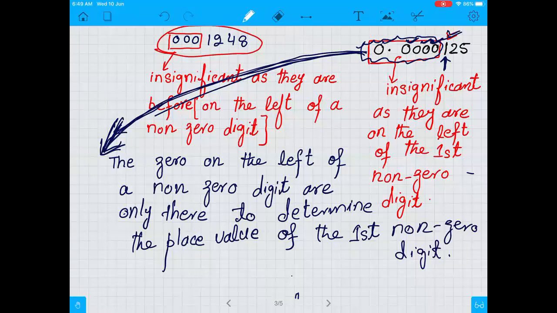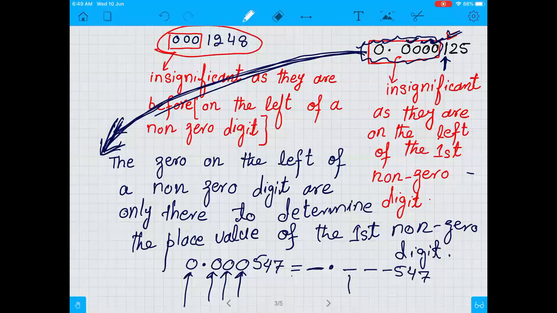For the sake of understanding, you must know that if you have a number 0.000547, then actually these zeros are not significant. Basically, you have to treat them as 0.---547.